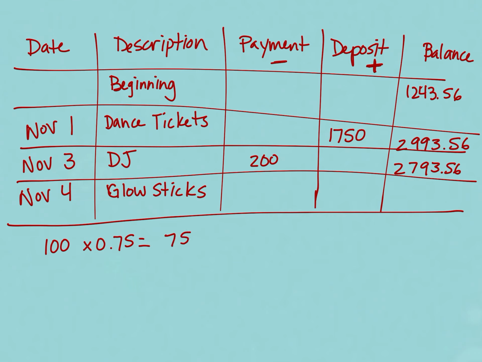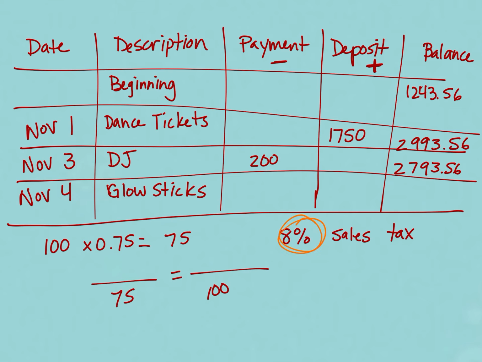But I also have to pay 8% sales tax. For percents, we always do something out of 100, and in this case our total amount is going to be 75. And 8% sales tax is an increase of 8%. So if I started out with 100% and I add 8, I'm paying 108%.